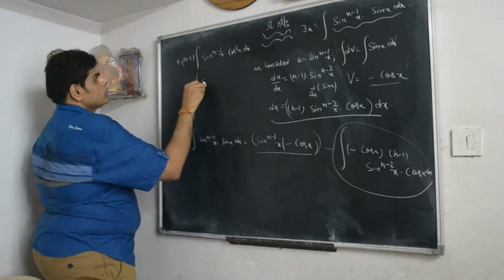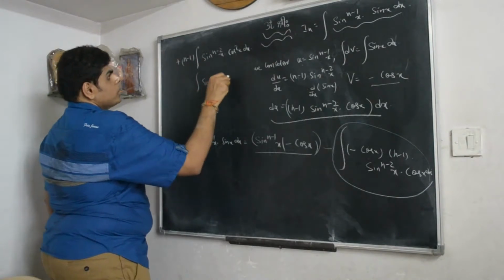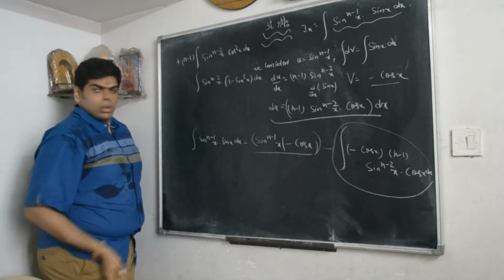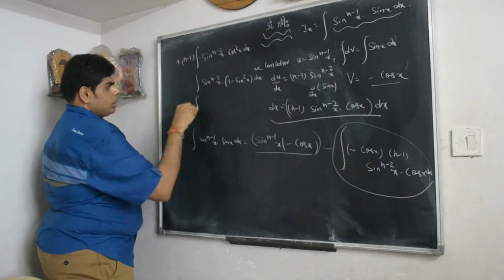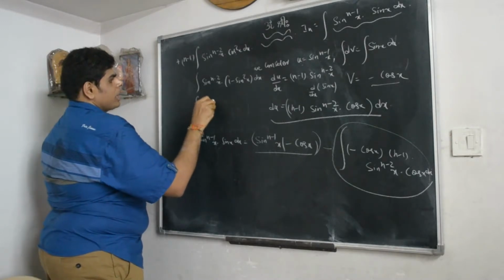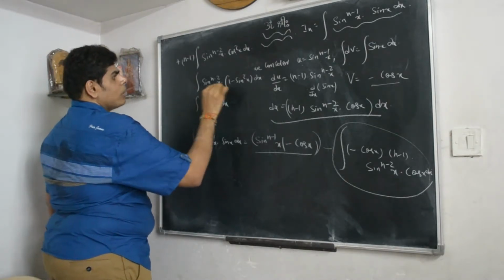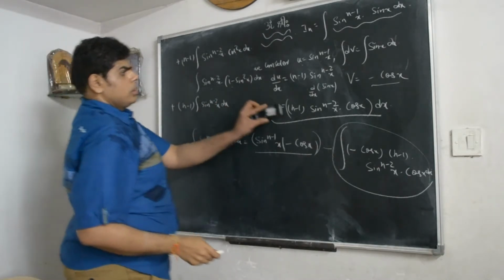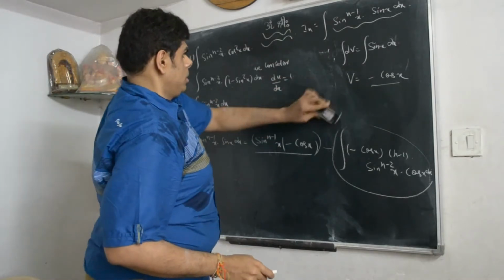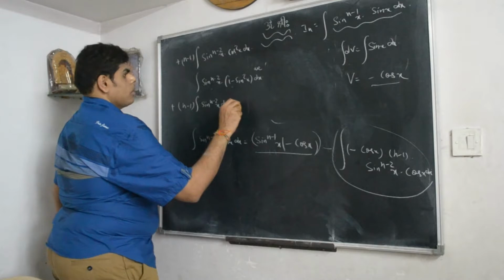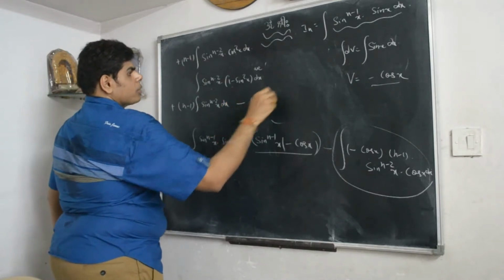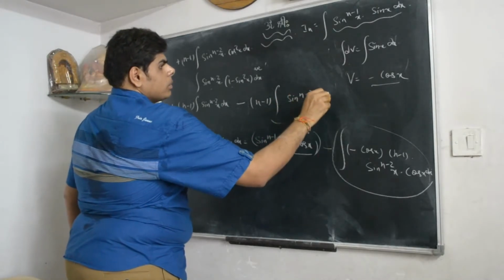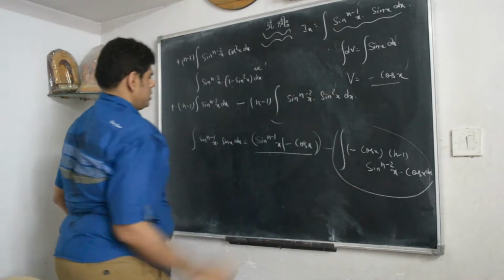So sin^(n-2) x into 1 minus sin^2 x dx, and we multiply each term. This gives n minus 1 into the integral of sin^(n-2) x dx minus n minus 1 into the integral of sin^(n-2) x into sin^2 x dx.